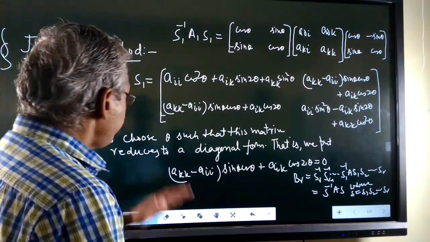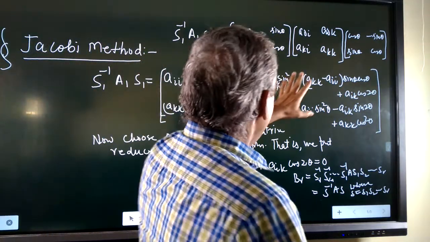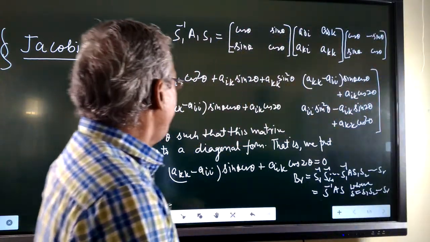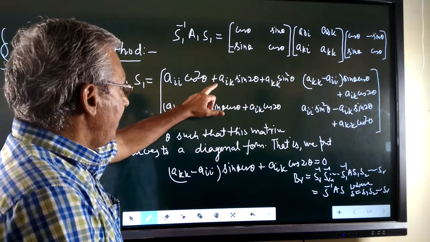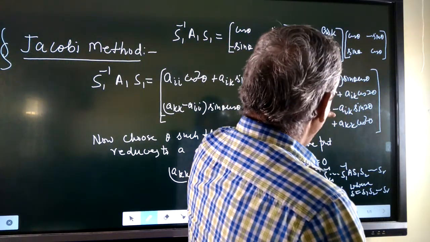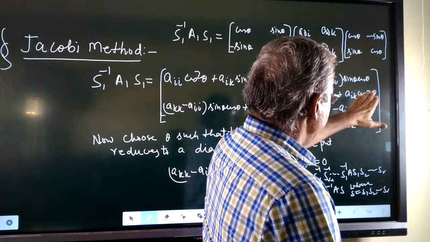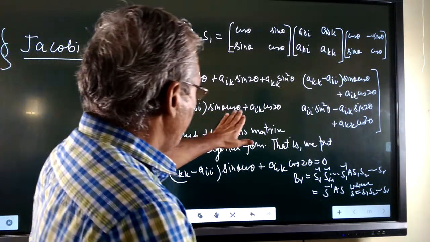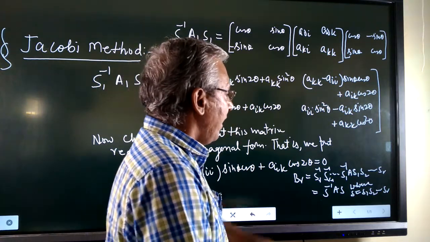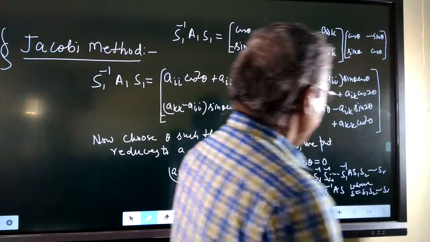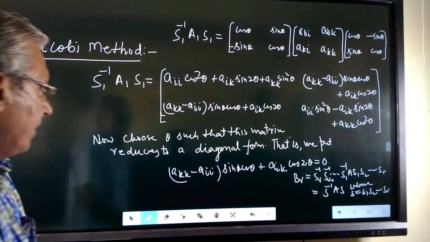Now here, after multiplying these matrices, we have Aii cos square theta plus Aik sin 2 theta plus Akk sin square theta, which is Akk minus Aii sin theta cos theta plus Aik cos 2 theta, and this is Aii sin square theta minus Aik sin 2 theta plus Akk cos square theta.